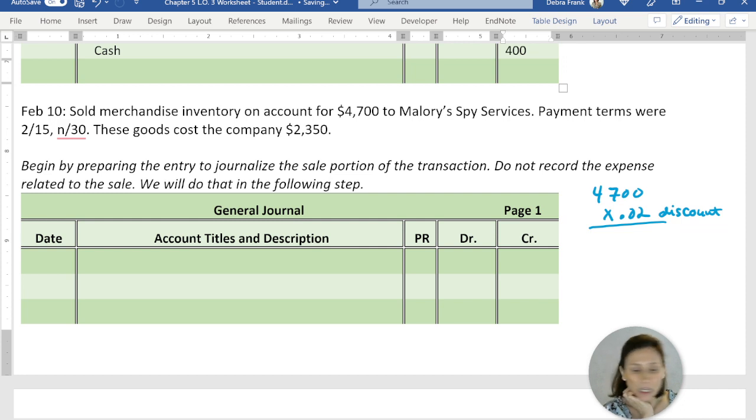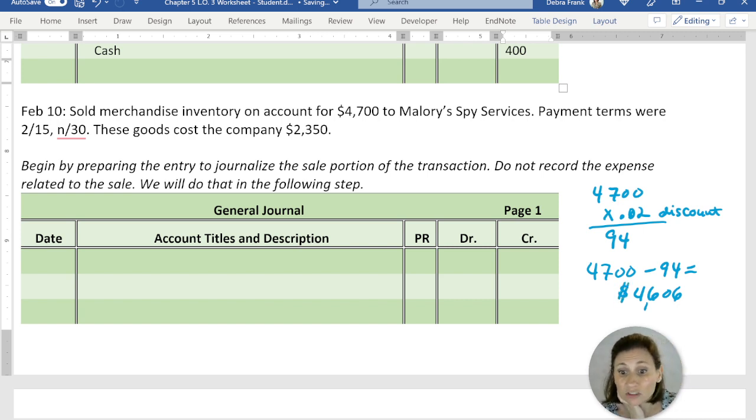Okay. And so that would be $94. That's our discount amount. So we're going to assume that they're only going to pay that amount less $94, which is $4,606. All right. So we want to be conservative.